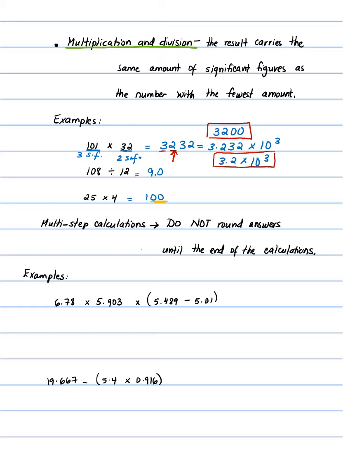I'm not rounding between steps. You cannot round between steps. You need to keep track of how many significant figures you have in your numbers when you're done with your steps, but you cannot round the numbers. So I'm going to start the first one here.